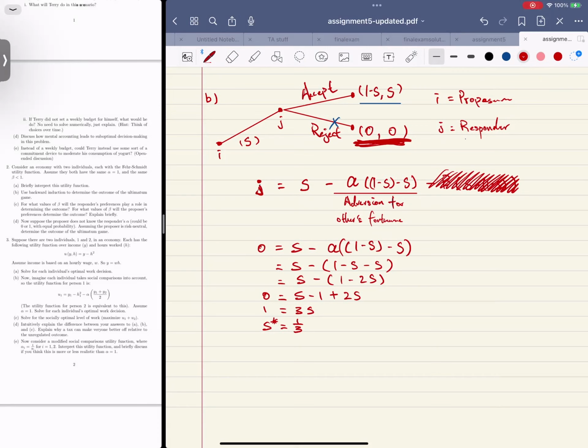What did beta cancel out again? Oh, beta is aversion to other people's pain. I don't want to see you in pain. Because you are in pain, I feel worse. Aversion to pain. But in this case, beta is gone because I will never give more than 1/2.